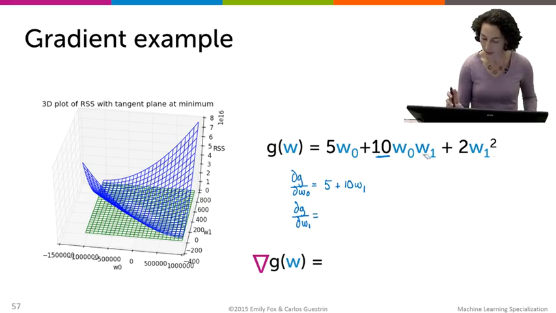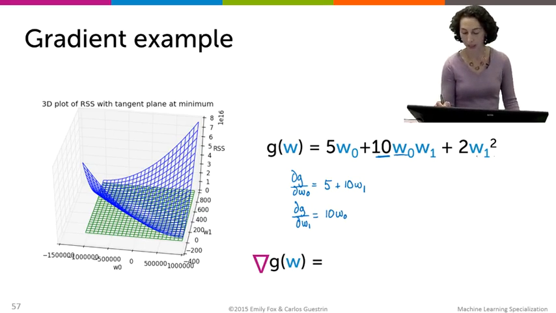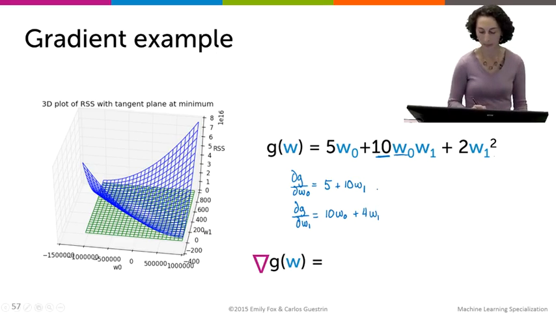This next term, well, I end up with these two terms as the coefficient for w1. And then I get to this last term, and again, using the same derivative properties we talked about before, when I have something to a power, I'm going to bring that power down. So I'm going to get 4 w1 raised to the 1 power.